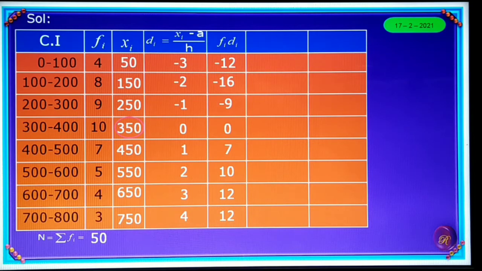Sum of these values, that is sigma fi di. Collect all positive numbers on one side and negative numbers on one side. Get the sum, that is 4.